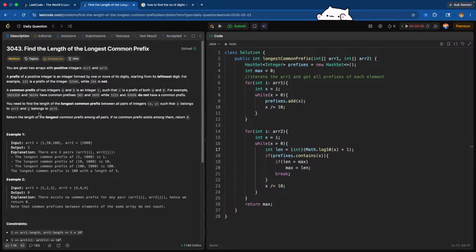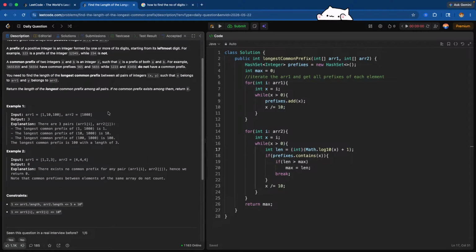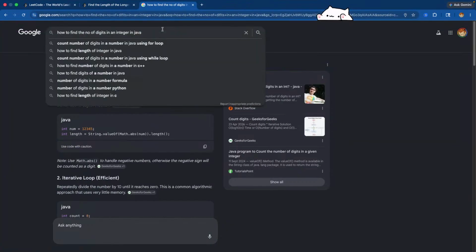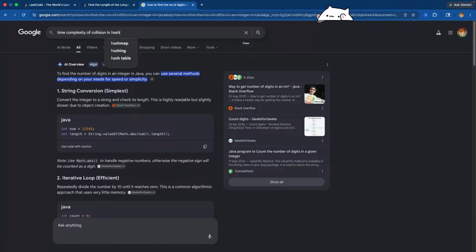Yeah, n log n and m log n. Time complexity, collision and hash set.